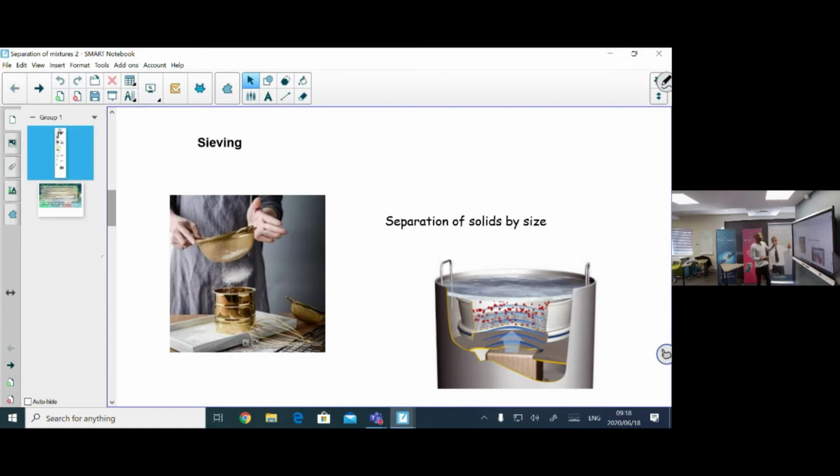This is mostly used in separating solids, and the property that we exploit is, of course, size. So we use the size of the solids in our mixture in order to separate them when sieving.